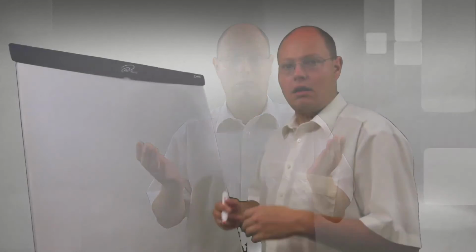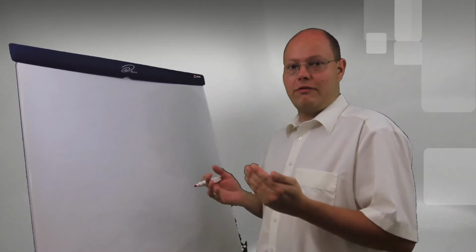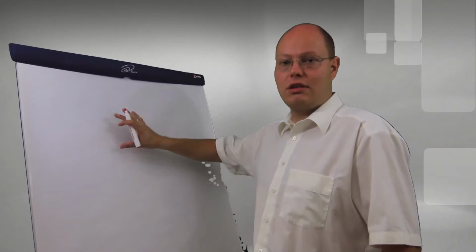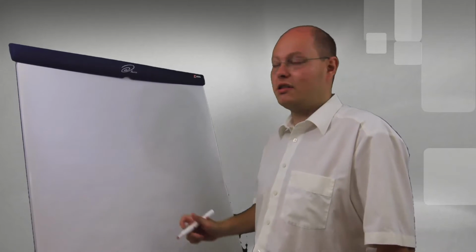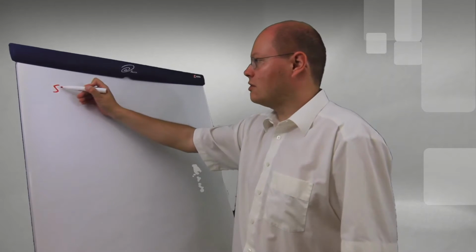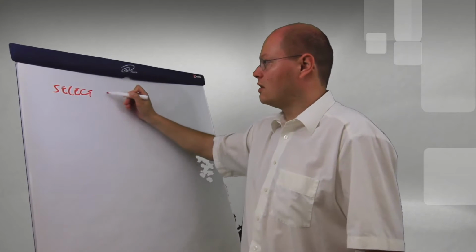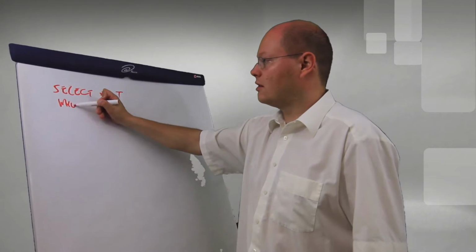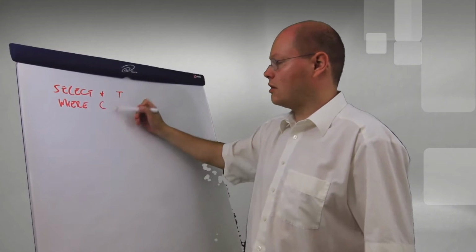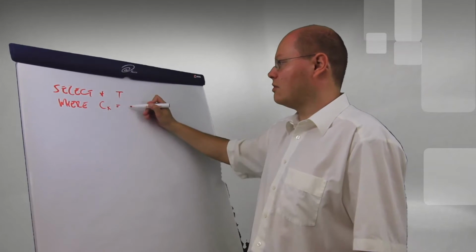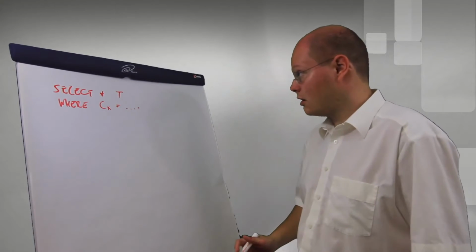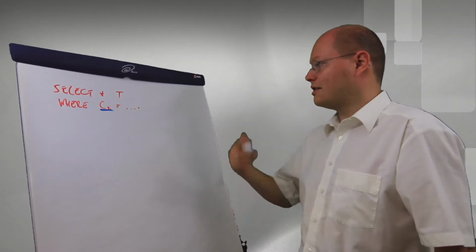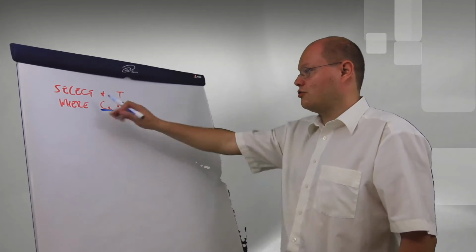I want to show you now with a very simple demonstration on the flip chart why we need the so-called tipping point in SQL Server. Imagine we have a simple query, select star from a table T where column CX equals something. We have defined a non-clustered index on our search predicate CX.